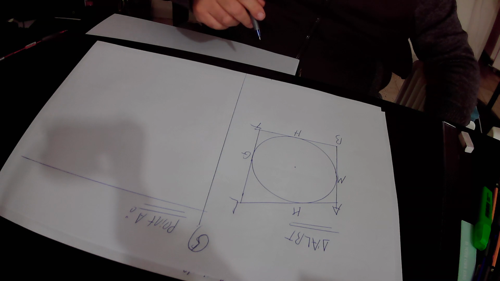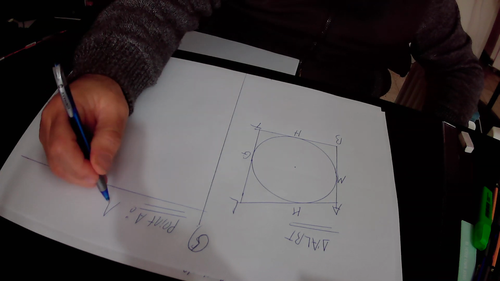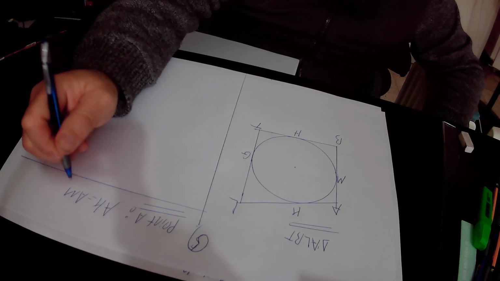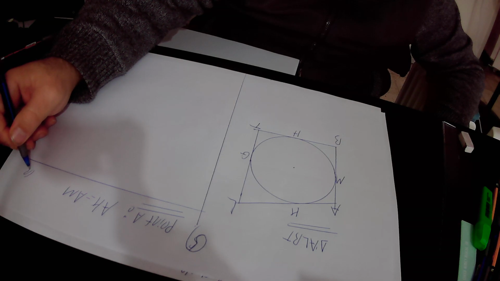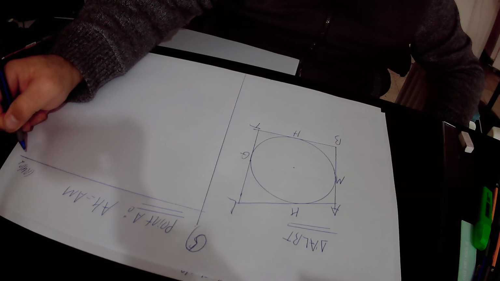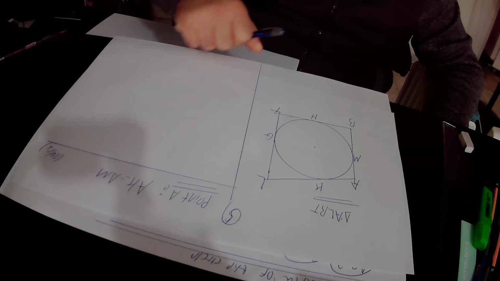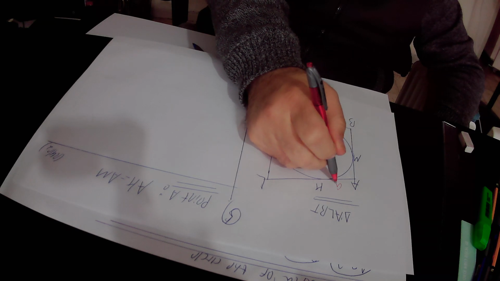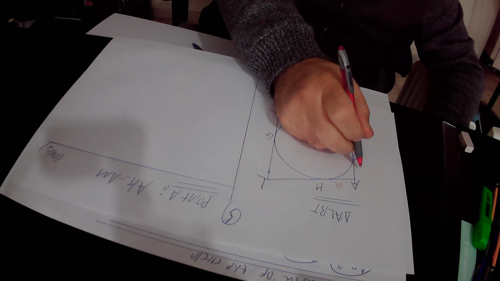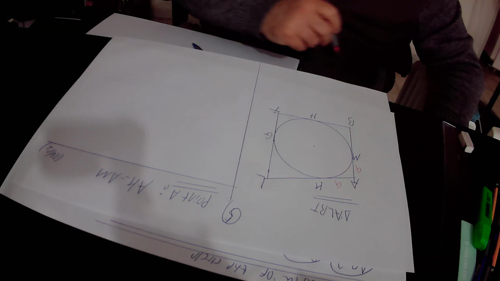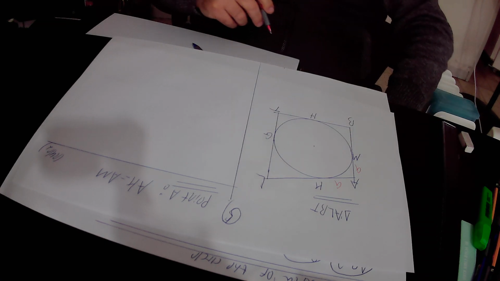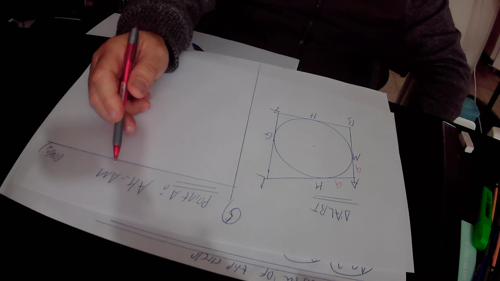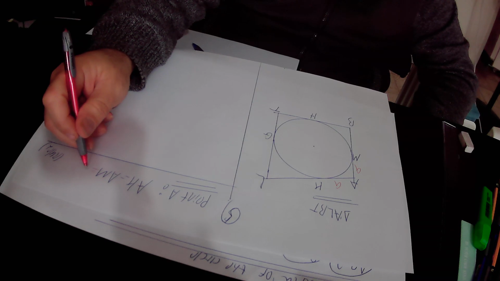According to rule 2, they are equal to each other. That is to say, the length of tangent AK equals the length of tangent AM according to rule 2. So if we define the length of tangent AK as A, then the length of tangent AM must also equal A because they are equal to each other. So we conclude that AK equals AM, and it also equals A according to our definition.